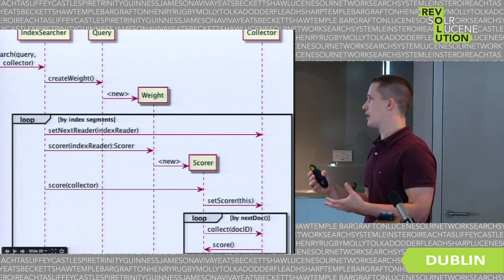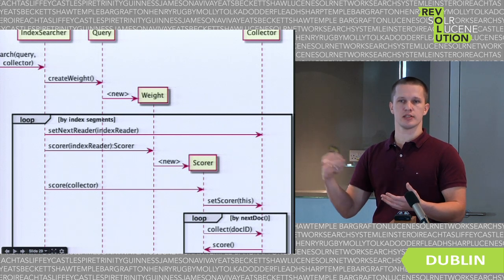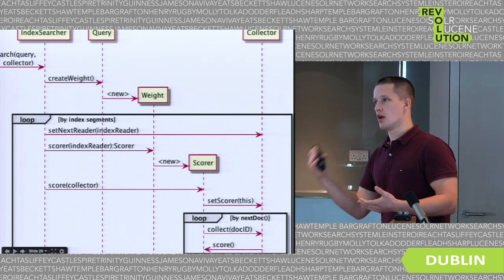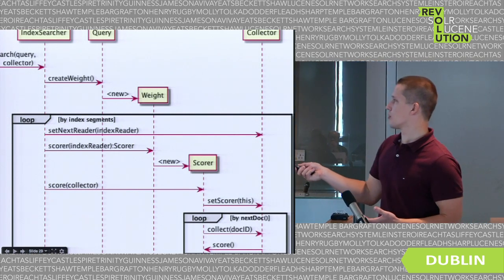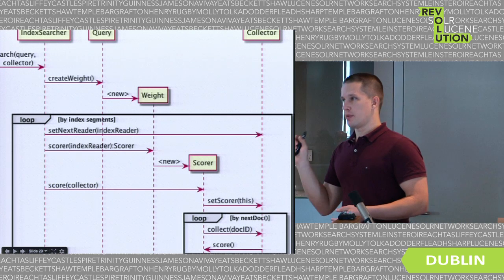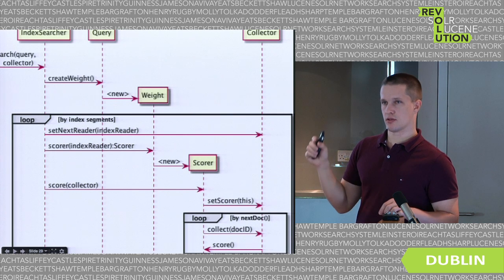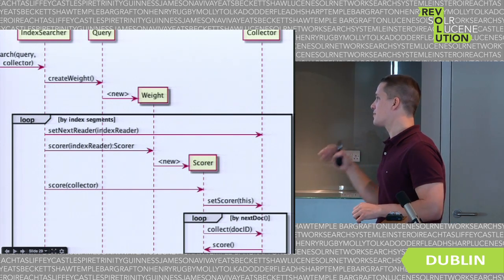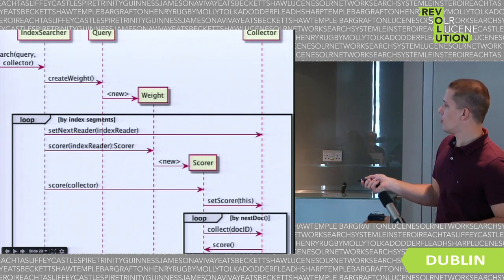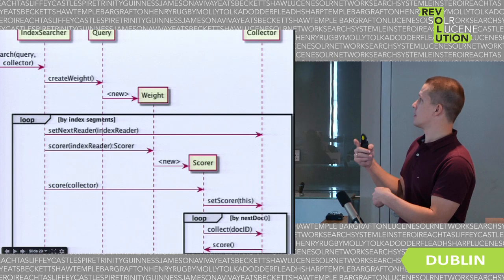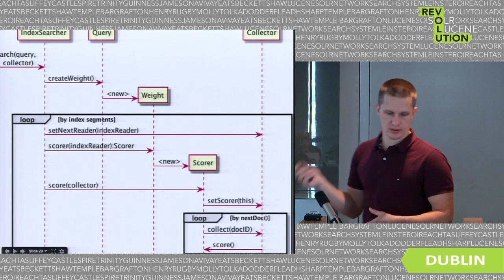And every time Lucene searches for documents by enumerating this chain of standalone inverted index segments. You can also see that a scorer is created for searching on a single segment only. And then the small loop frame is just looping through found documents and putting them into the collector. Should be clear.